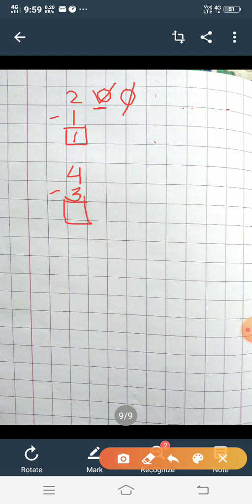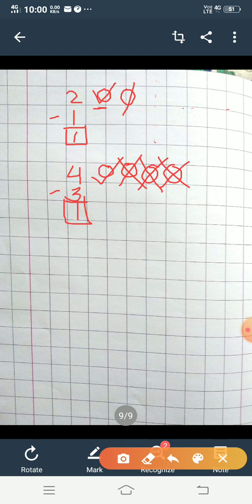First, which one is the greater number? 4. So we will draw 1, 2, 3 and 4 circles. Now, which number is the smaller number? 3. So we will cut 3 circles, 1, 2 and 3. How many circles are left here? 1. So the answer is 1.